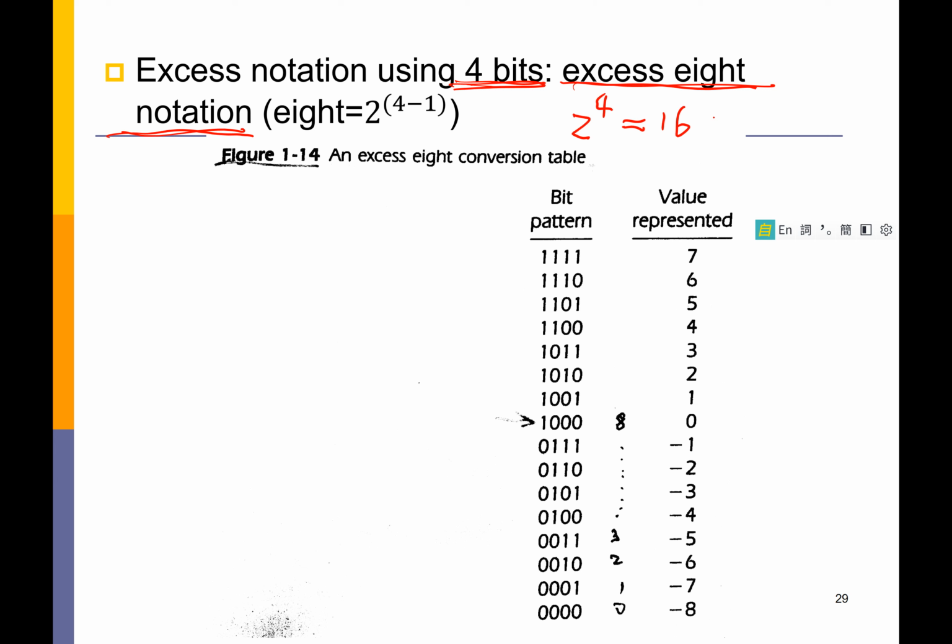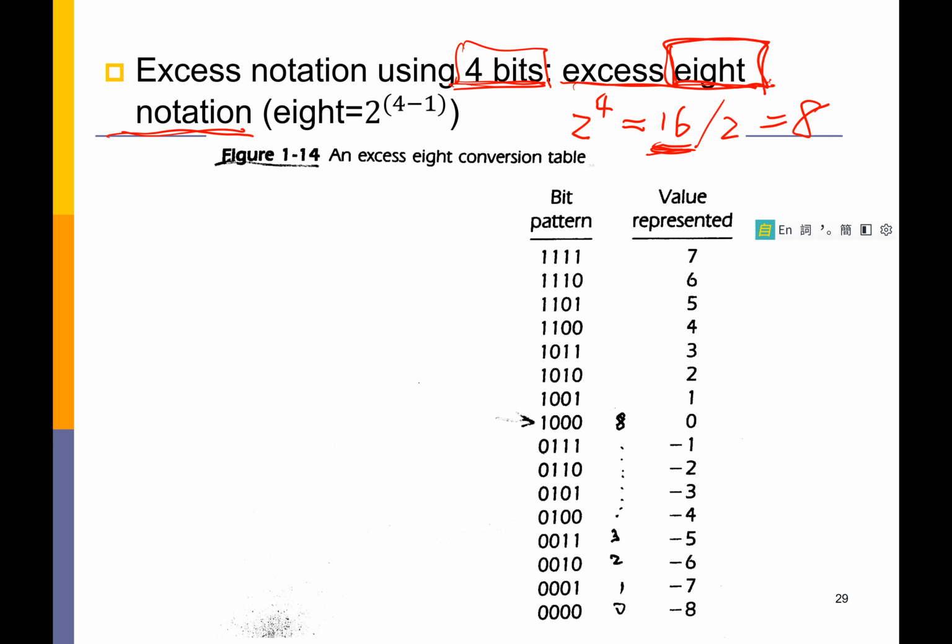So if we're using 4 bits, we should represent 16 numbers, but half of them will be negative, half of them will be positive or 0. So we cannot divide this 16 into 2. So half of them become negative. So we have SSA here.